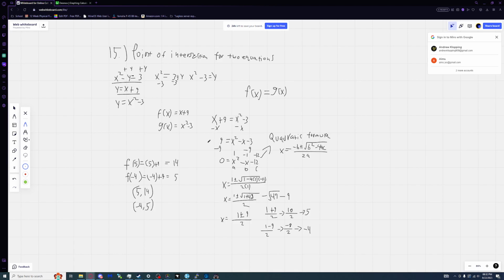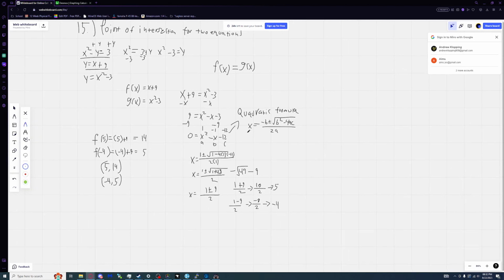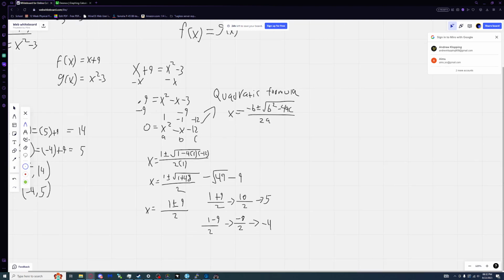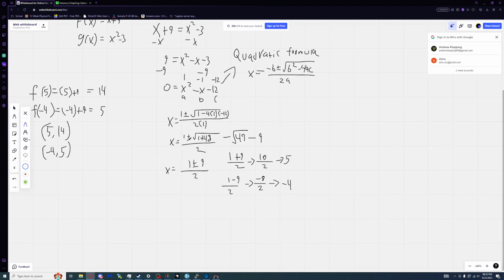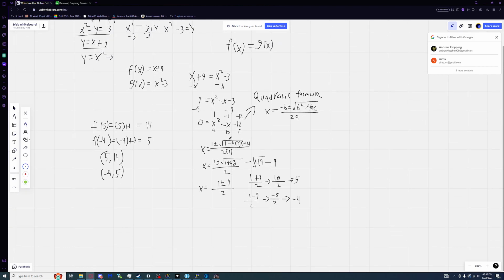Subtract 9 from both sides. Because 0 is equal to x squared minus x minus 12. x is equal to negative b, which is positive 1, plus or minus the square root of b squared, which is positive 1, minus 4ac, negative 12, all over 2a, gives us 1 plus or minus 9 over 2. Plus 9 is equal to 10 over 2, which is 5, 1 minus 9 is equal to negative 8.